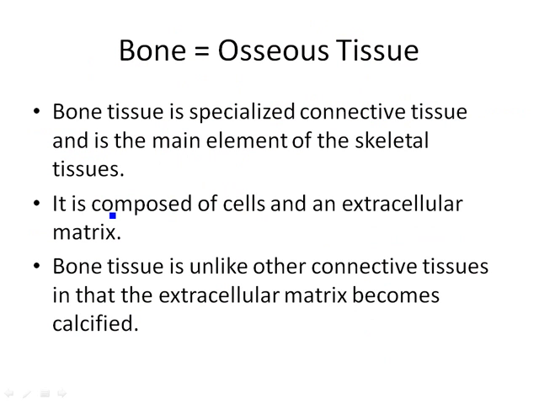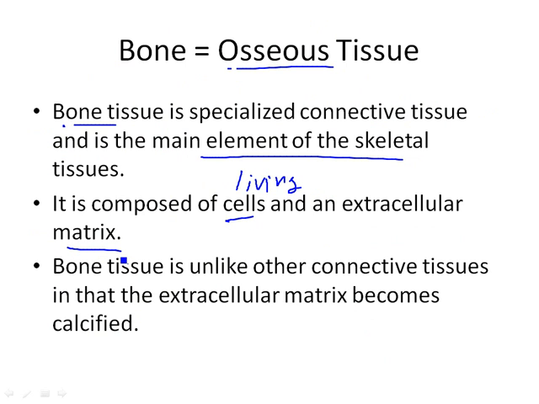Now, when we talk about bones, you can also call it osseous tissue, and hopefully remember it's a type of connective tissue. Bone and cartilage both are connective tissues. And this bone tissue is the main element of the skeletal system, and then you have the associated cartilages. These are around the ends of bones or between joints, things like that. And bone has cells, which are living, and an extracellular matrix.